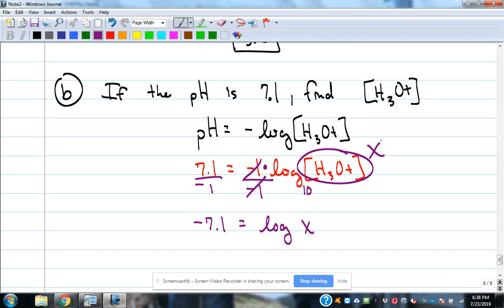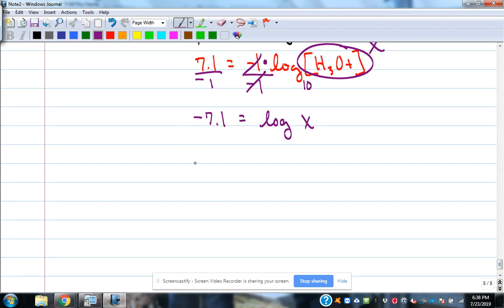Now, how can I use what I know about exponentials to rewrite this? Maybe it'll help if I rewrite it in this order so that it looks a lot like what we've done before. So that's log base 10. So we could take this logarithmic statement and rewrite it as an exponential. 10 to the -7.1 is equal to x.